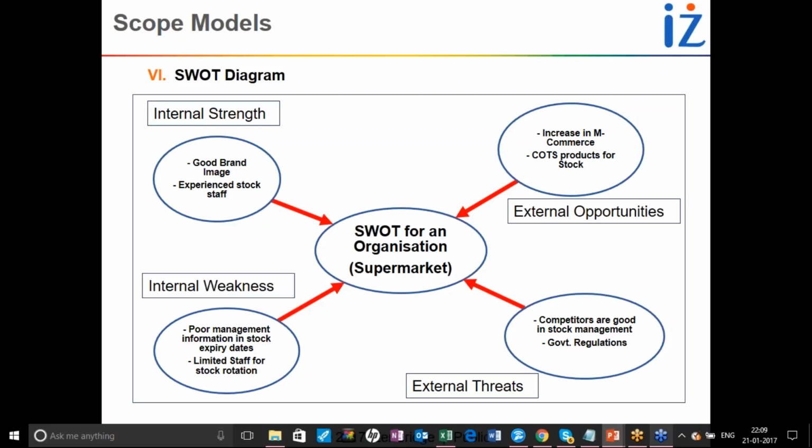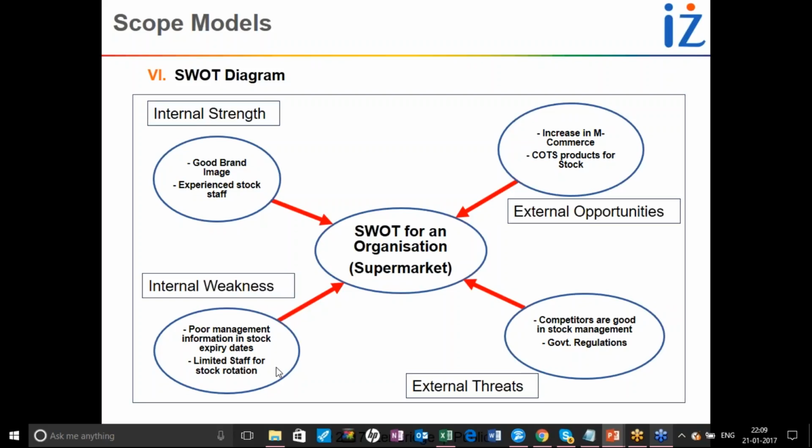The external threat is that you are lacking in stock management, but your competitors are doing well in stock management, and some government regulations are there. So you are facing competition, but you have a good brand image. Why not use this good brand image to collaborate with an organization who can provide you a commercial off-the-shelf product, where you can automate the stock rotation activities?